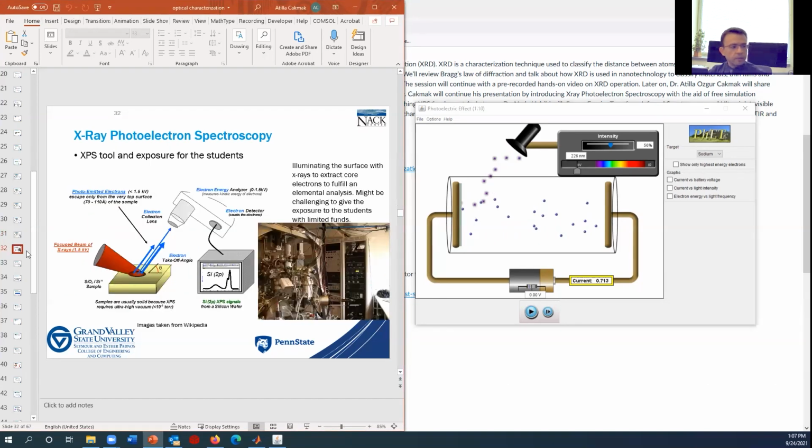Moving forward now, this is a more realistic picture of the XPS in one of the labs. But of course, like we were saying, we may not have the luxury to get our students into this kind of characterization facility to examine the samples, where we generate an X-ray and shine it onto the material, like you can see here, a silicon dioxide sample, and we can collect those photoelectrons.